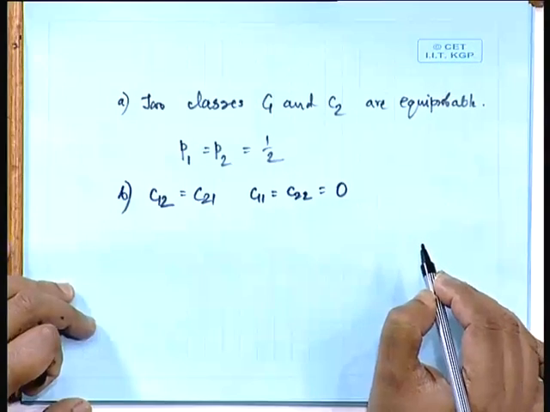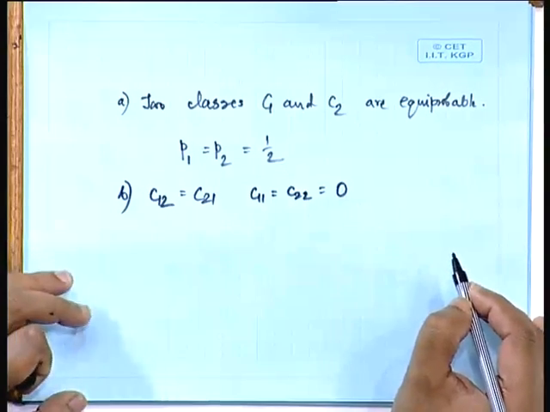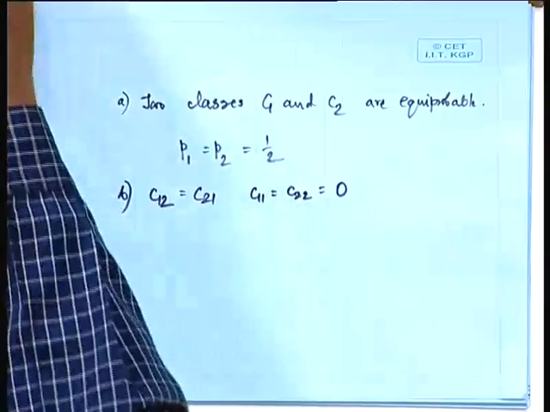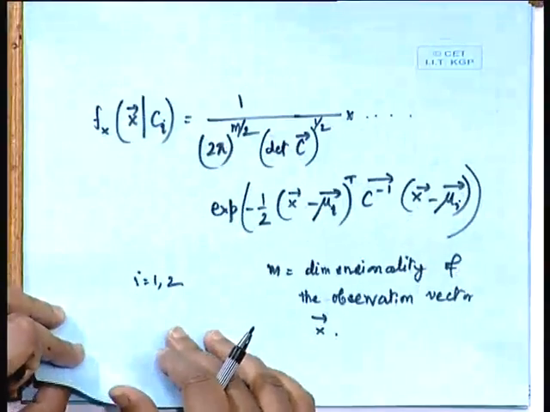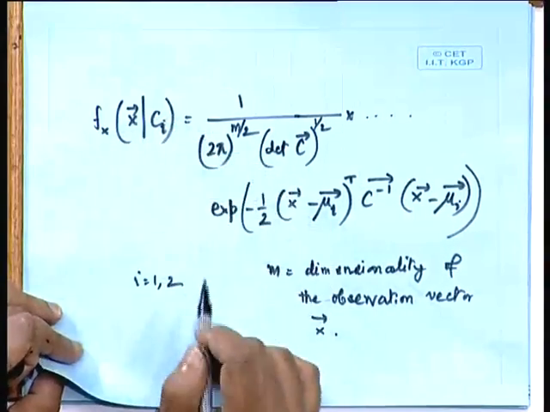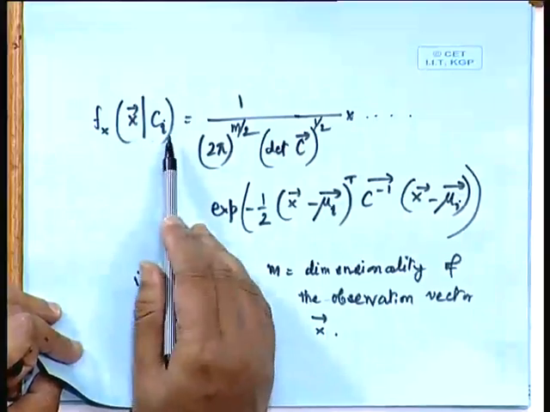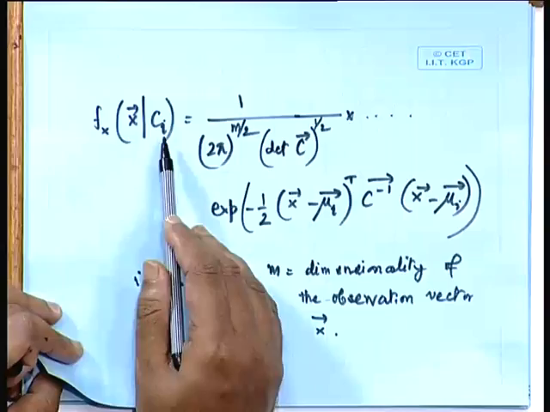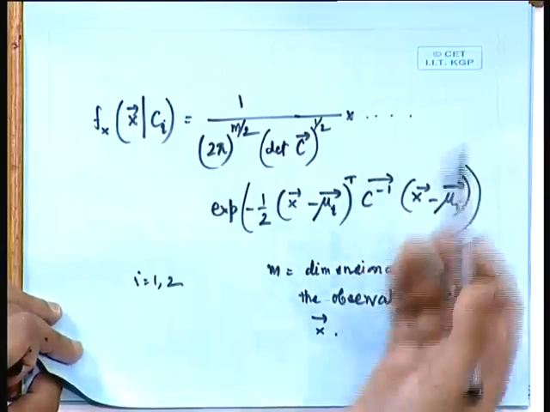Okay. So, if we have that, and if we try to take the likelihood ratio, in order to take the likelihood ratio, we have to first write the expression for x given C1, then write it for x given C2, and simply take the ratio of these two.